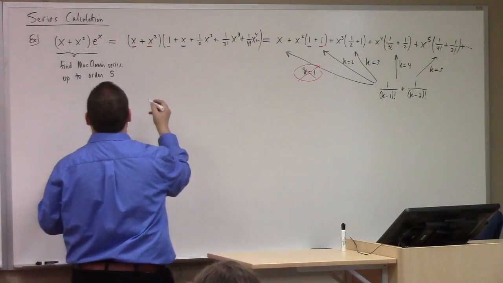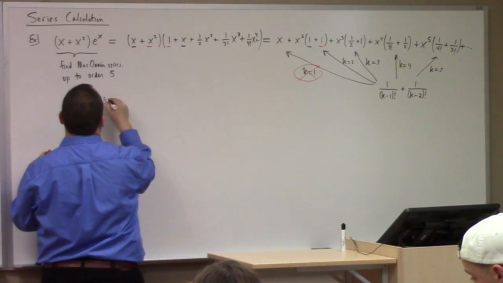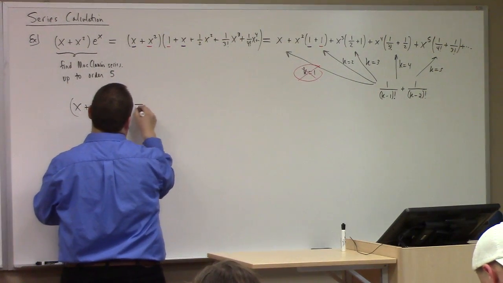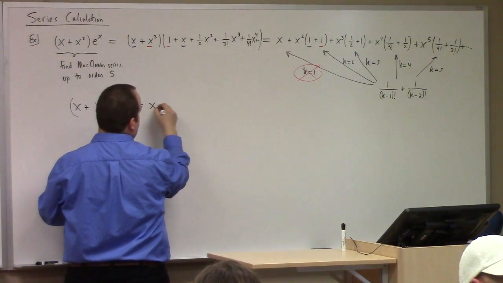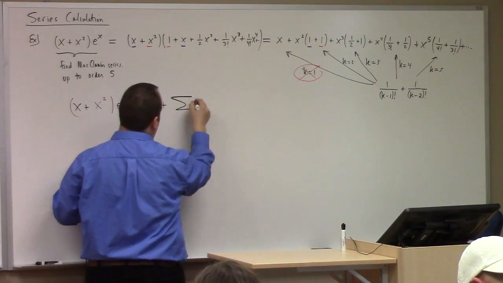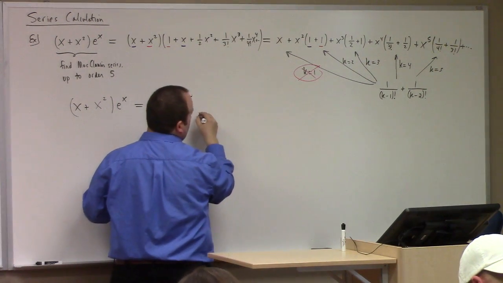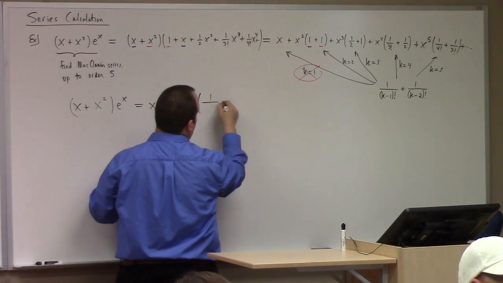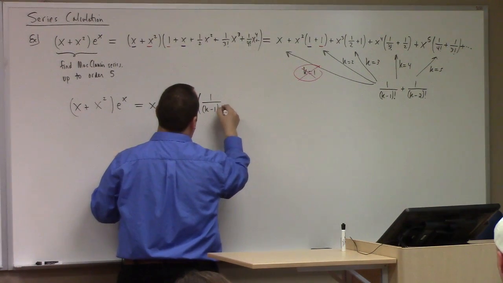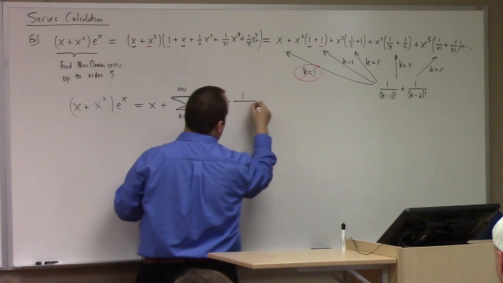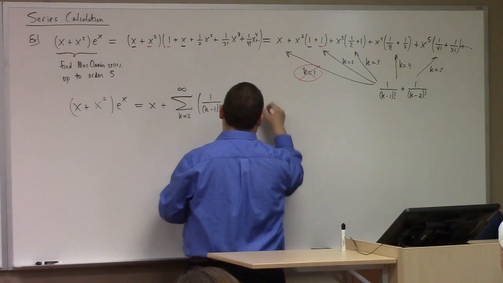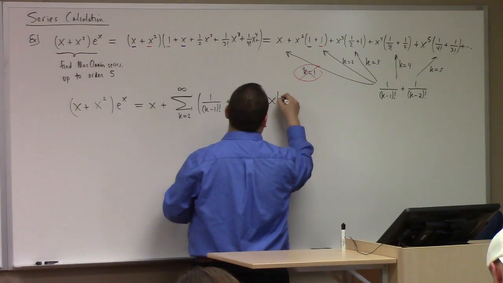So we could say x plus x squared times e to the x is in fact equal to x plus the sum, k equals 2 to infinity, of 1 over (k minus 1) factorial plus 1 over (k minus 2) factorial, times x to the k.